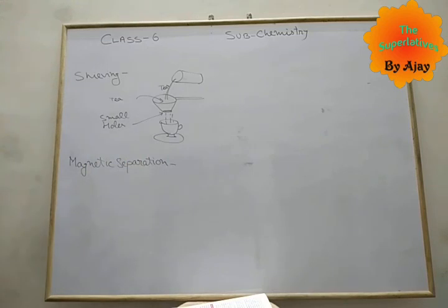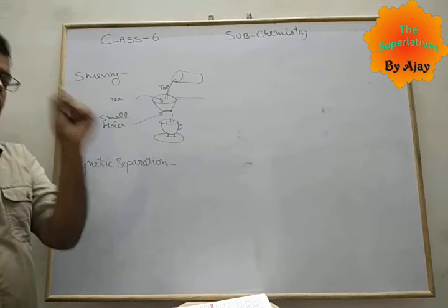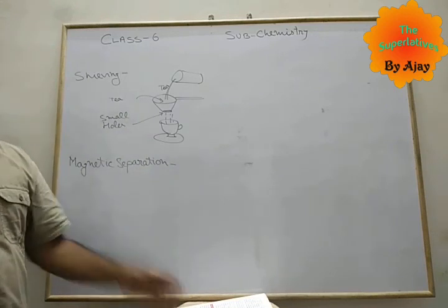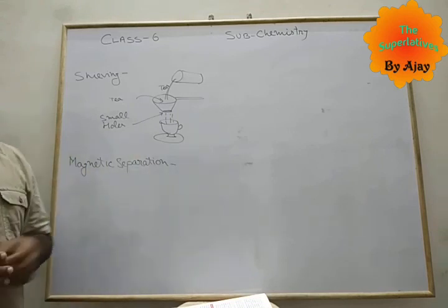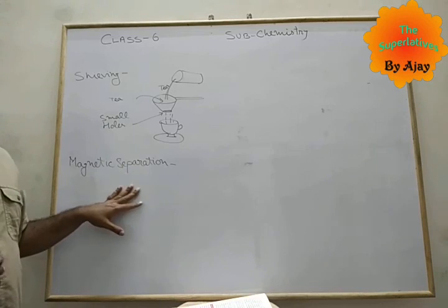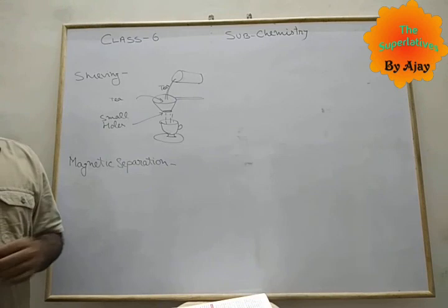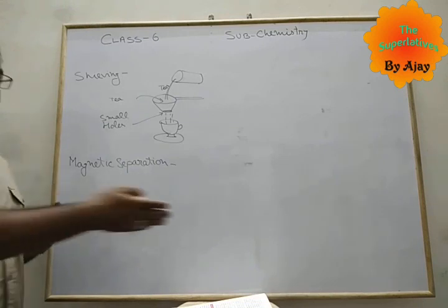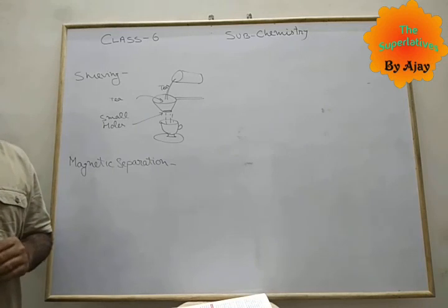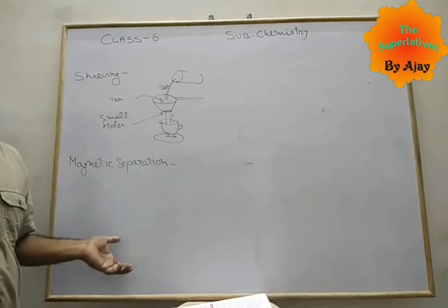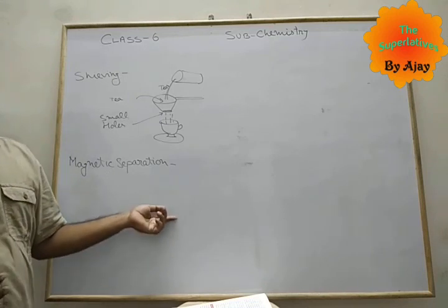In the magnetic separation method, suppose any iron piece, whether the smallest fine particles or large particles, falls and is mixed with some other things. To separate those iron particles from the other mixture, we use magnets. We move the magnet over the mixture, and because of the attractive property of the magnet, those iron particles stick to the magnet, and we can easily separate them.